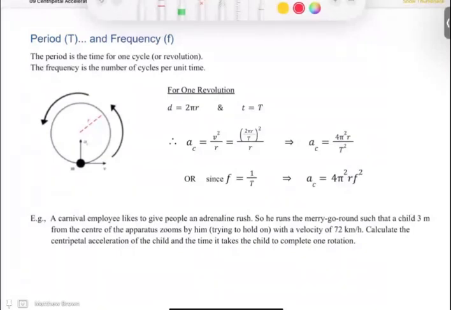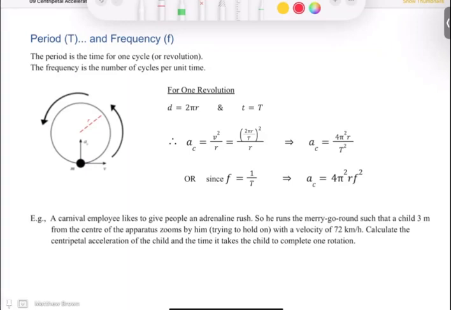The inverse of that is the frequency, which is the number of times it goes around per unit time, the number of cycles. So often frequency is like cycles per second, and period is the opposite of that. It's how many seconds per cycle or revolution.